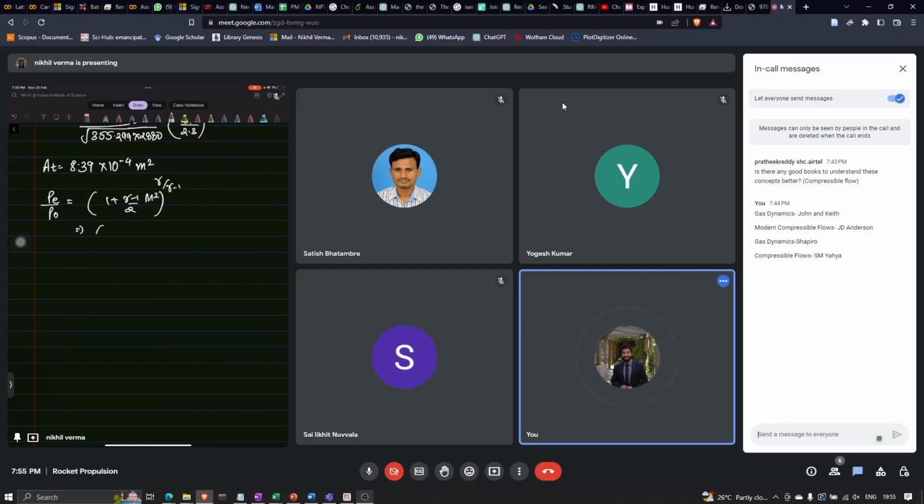So 1 plus 0.15 into M square, to the power 1.3 by 0.3. P exit we know, 2610, and P naught we know, 2.07 into 10 to the power 6. So with this you can calculate.